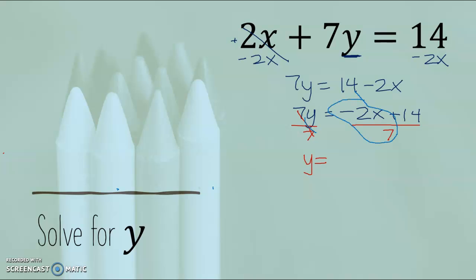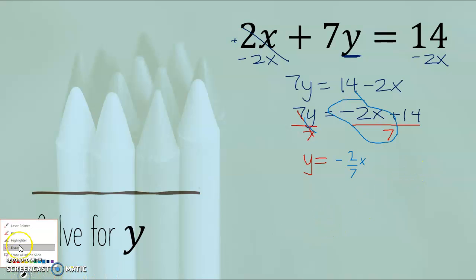Negative 2x divided by 7, and we can't simplify that, so that's going to give us negative 2/7 x. And then we also need to look at the 14 divided by 7.